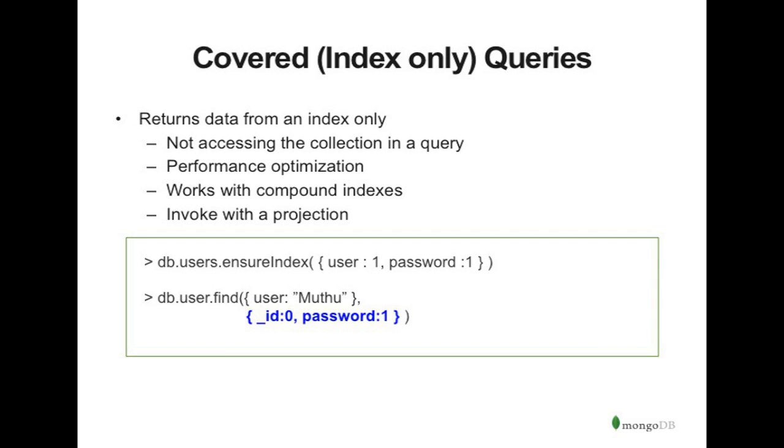So in the example there, this is a user authentication collection, so I store user information and the password. In my query, I'm given a user, but all I need is to get the password and then validate with what the user has inputted. So in this example, I'm suppressing the _ID. MongoDB will use just the index. It doesn't have to access the collection. This is further enhancing your response time.